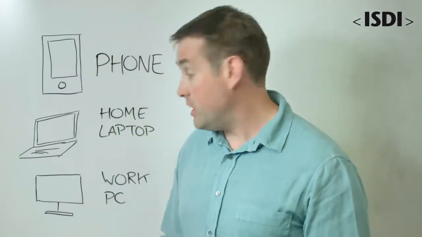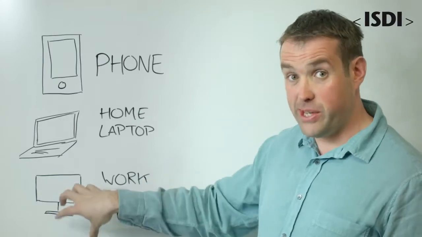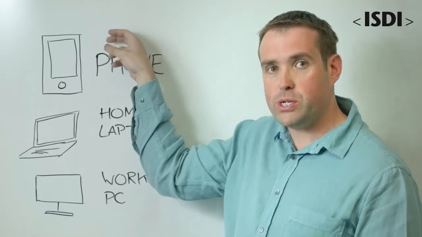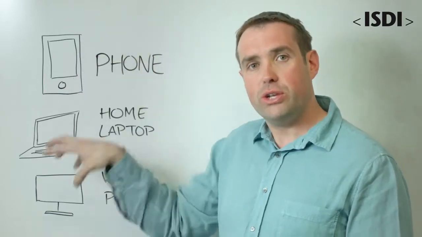And what it looks like is that this person just came straight on the website and bought immediately. But that's not actually the case. They'd actually taken a pathway which had been about browsing and discovering on different devices before they finally transacted on this work PC.